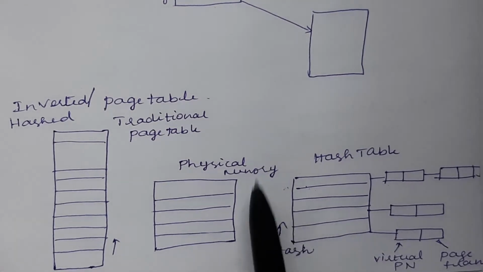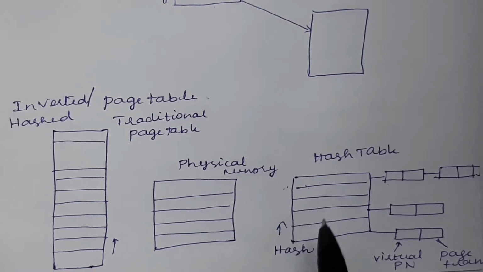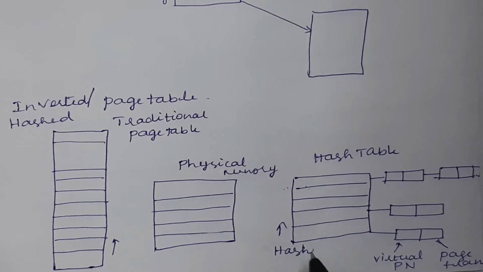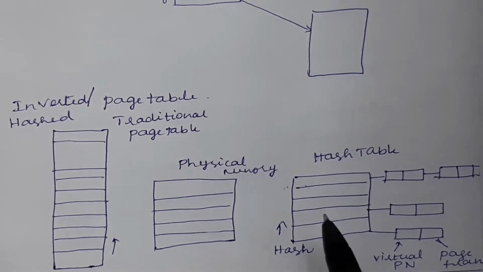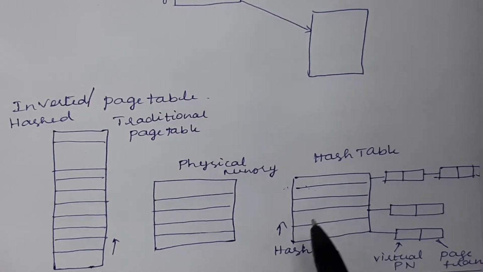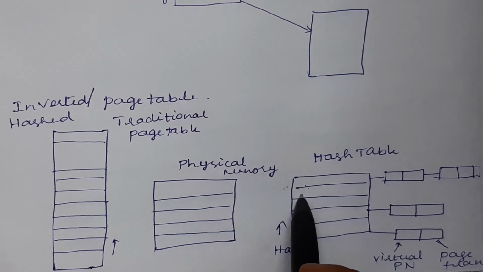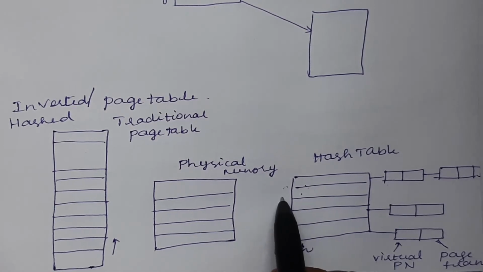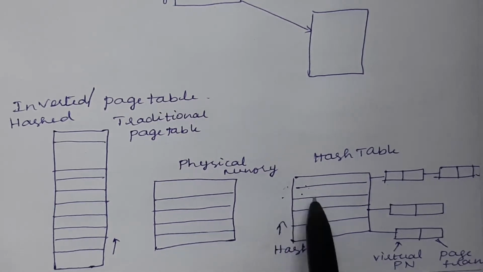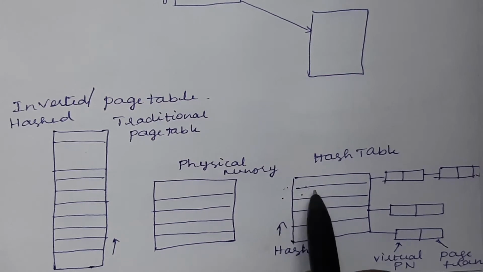If you are referring to one entry in the page table, we have arranged all those things following the hashing concept. In the same way we arranged all the entries in the page table, so the key value and the corresponding location of the page table must match.